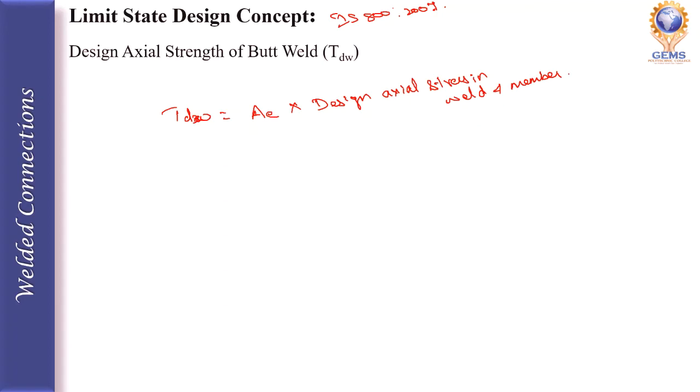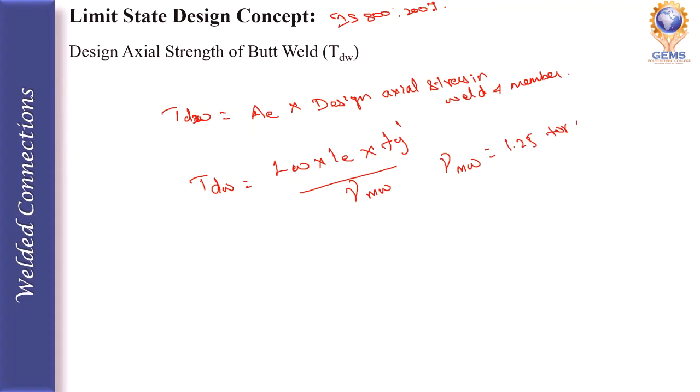The area is found by Lw into Te, that is effective length into throat thickness. This design axial stress is yield stress divided by the partial safety factor. This partial safety factor is equal to 1.25 for workshop welding and 1.50 for site or field welding.